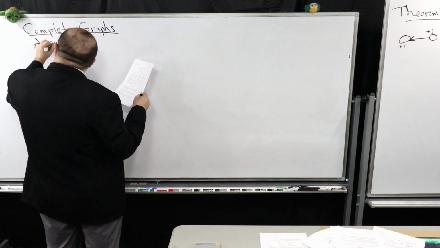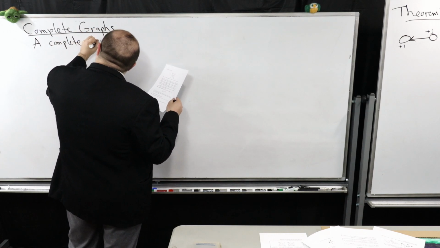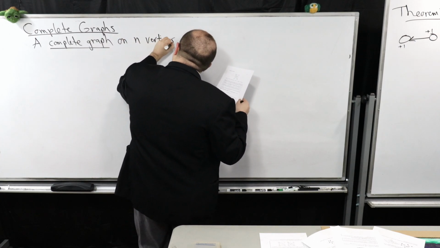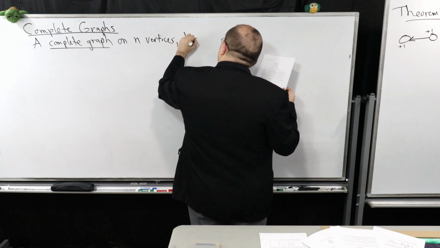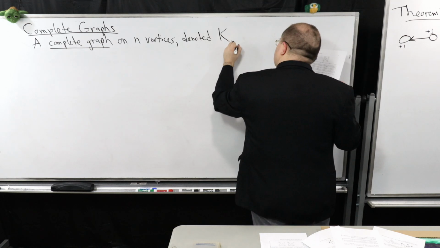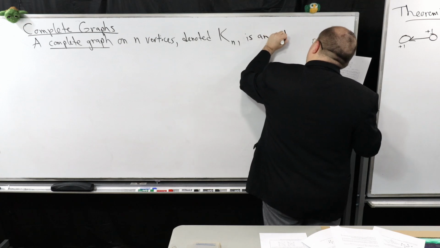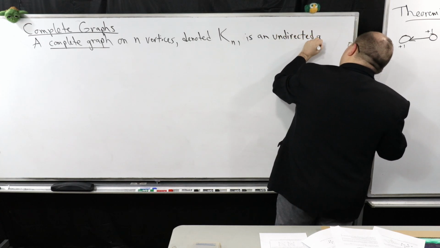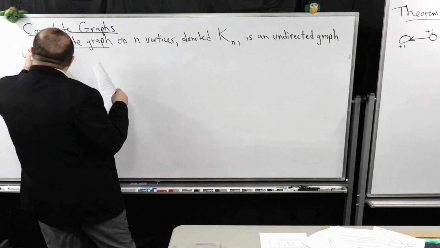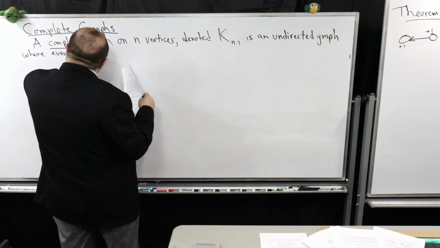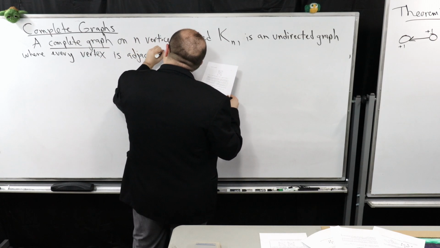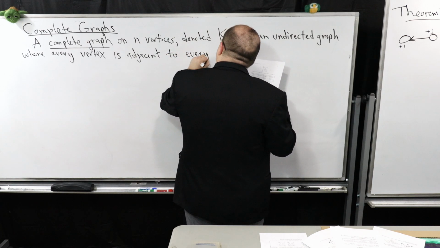So a complete graph on n vertices, denoted with a capital K with a subscript n, K_n, is an undirected graph where every vertex is adjacent to every other vertex.